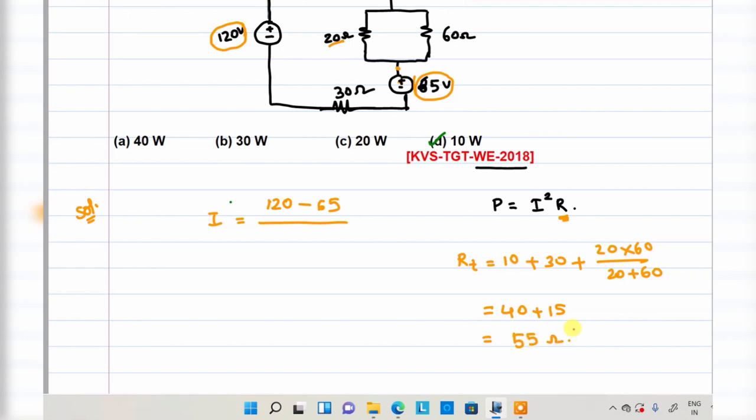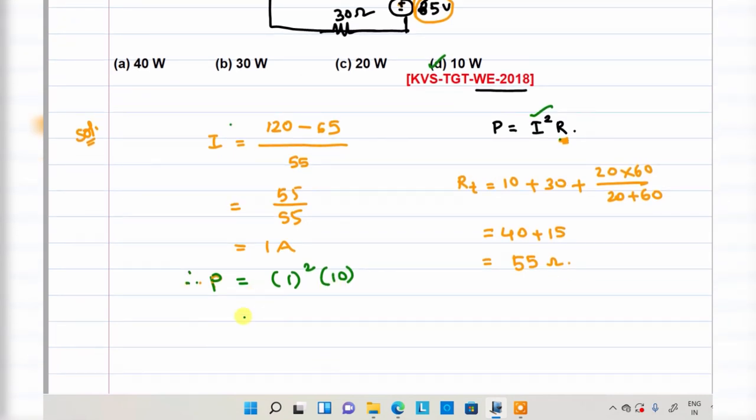All of you got the idea? So substitute here 55. Finally 55 divided by 55. What is the current now? 1 ampere. Once you have the current 1 ampere, power is equal to I square R. I is 1, so 1 square times R. What is the power dissipation in the 10 ohm resistance?